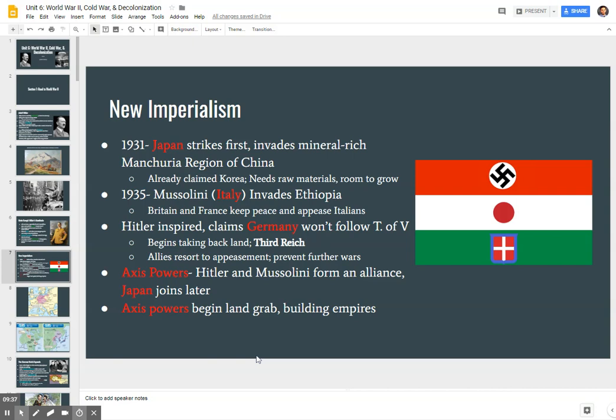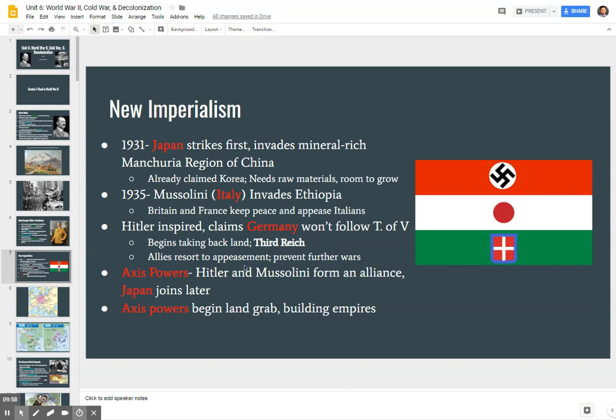So they've already taken over Korea. They see themselves as the master race in Asia and better than the Chinese and the Koreans, and therefore they're better militarily, economically, so they take over this region of China, impose their will, take over raw materials for their factories. Italy's going to try to do the same thing in Africa.